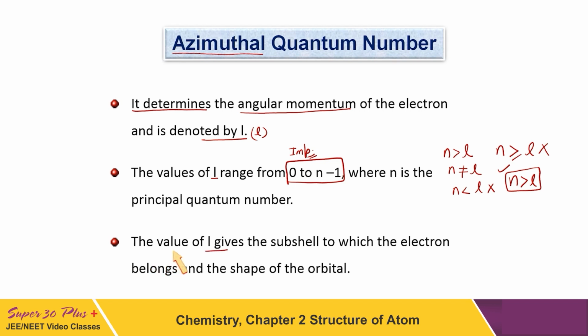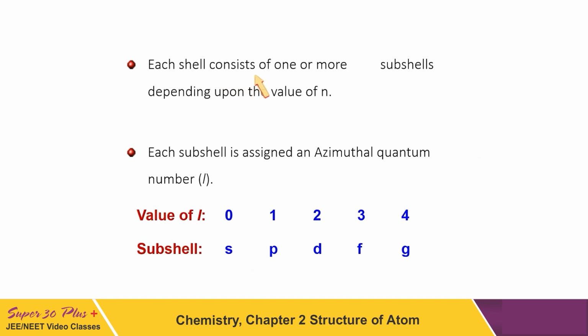And the value of l, the azimuthal quantum number, gives the subshell to which the electron belongs, and also the shape of the orbital, because orbitals have different shapes. Now each shell consists of one or more subshells. Students, I believe you already have information about the subshell.